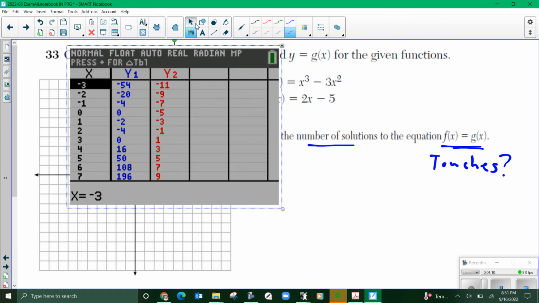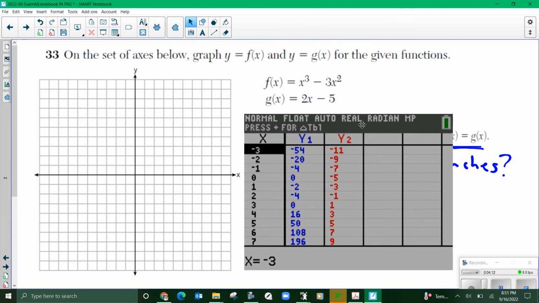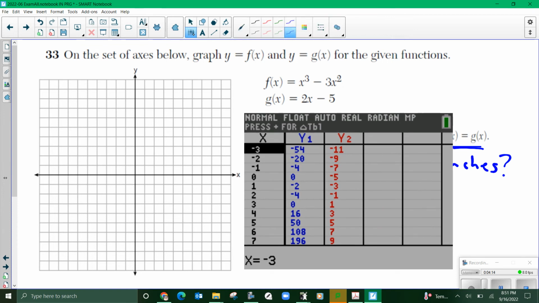Now keep in mind, my f of x is blue, so I'm going to color coordinate here. I'm going to graph -1, -4. Then I'm going to graph 0, 0, the origin here.